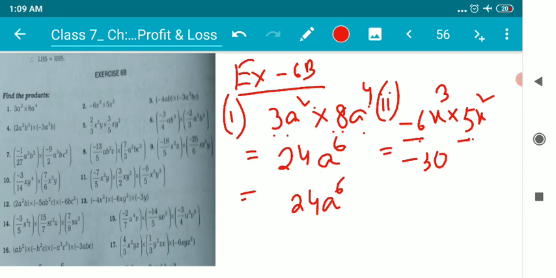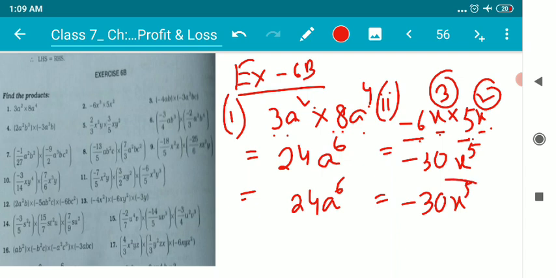Here the variables are x cube and x square, so their bases are the same. The base will remain the same, and the powers will be added, so 3 and 2 will be added, it will become 5. So my final answer is minus 30 x to the power 5. This is how we have to deal with this kind of questions, children.